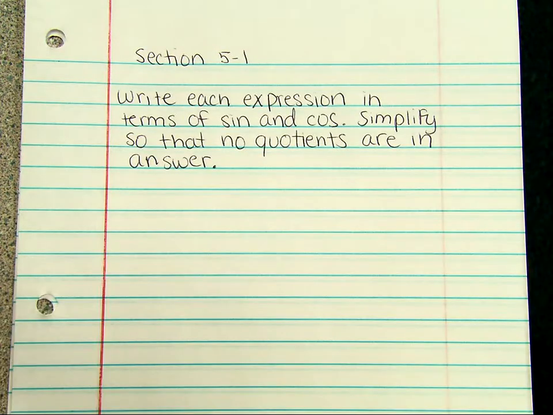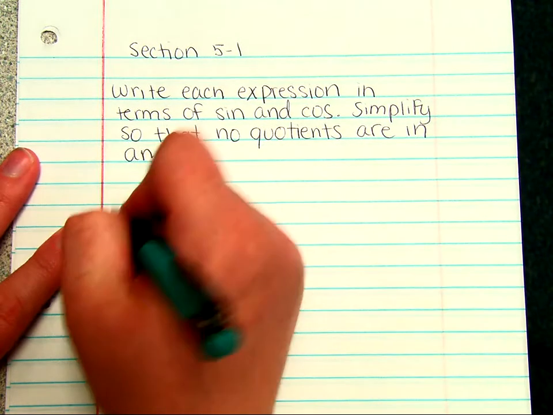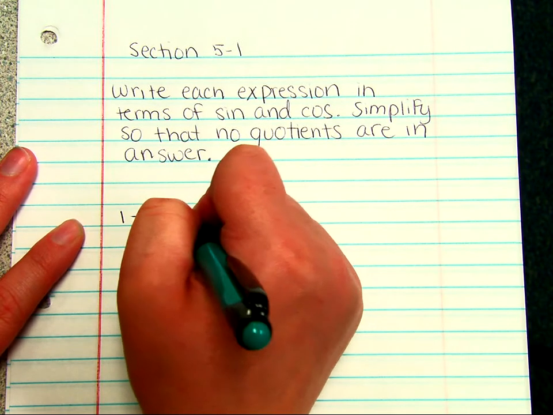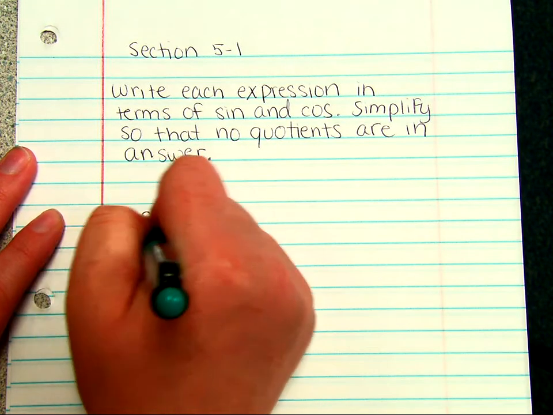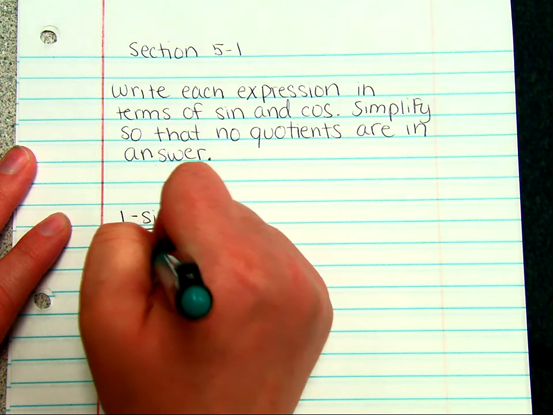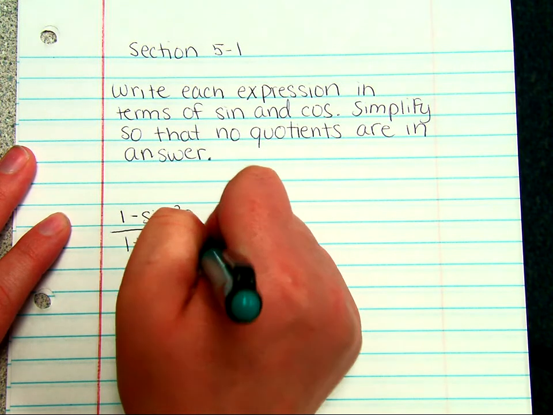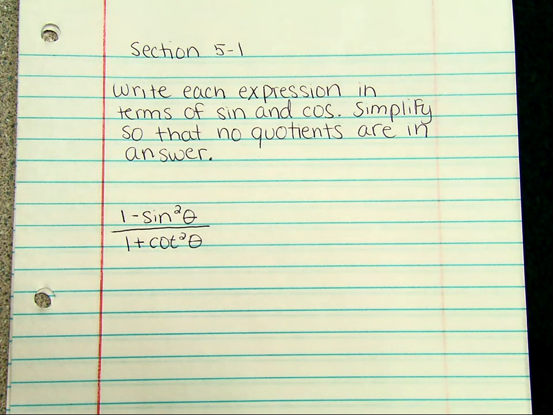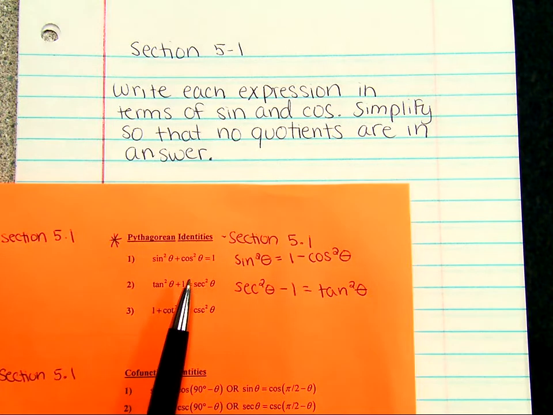So our first example is 1 minus sine squared theta over 1 plus cotangent squared theta. The first thing you need to do when you see things squared is see if it is a Pythagorean identity.